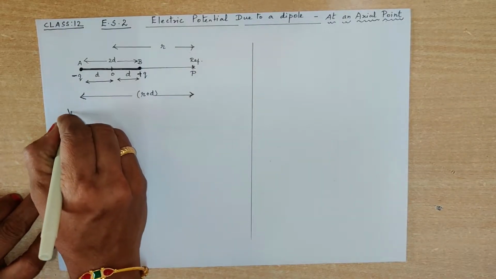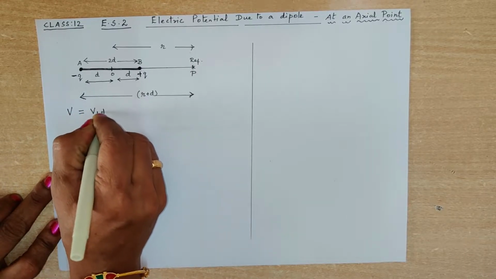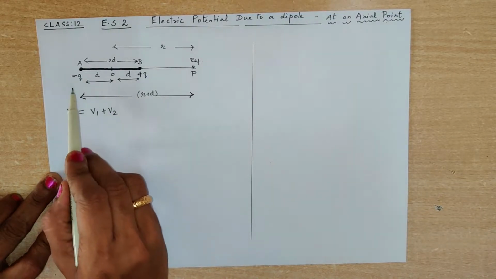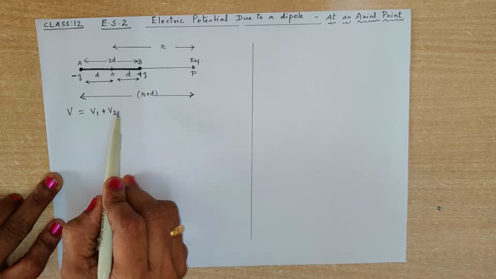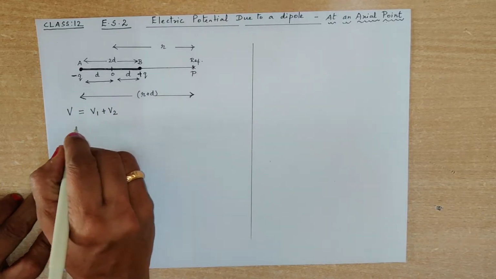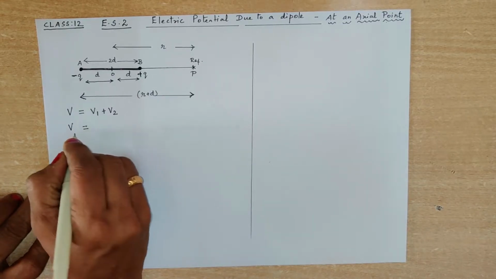Here the potential due to the dipole will be equal to the potential V1 plus V2. V1 is due to minus q and V2 is due to plus q of the dipole. Therefore, we proceed with the formula for V along the axial line.